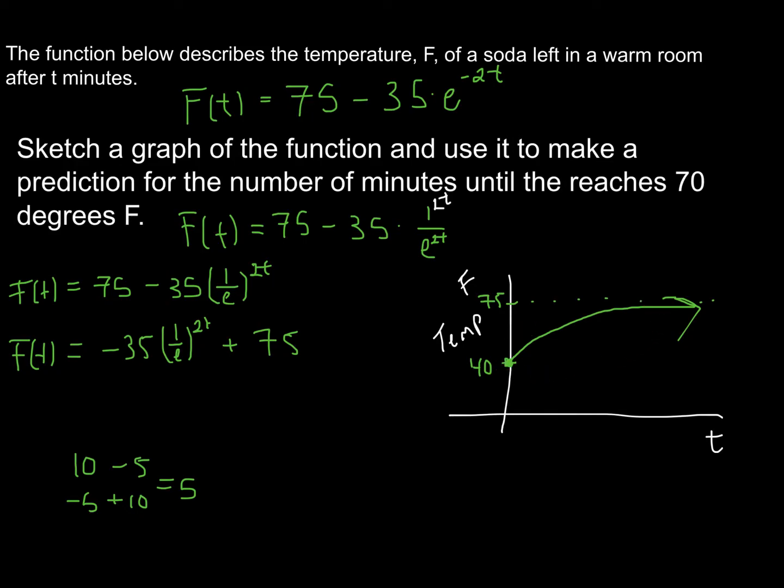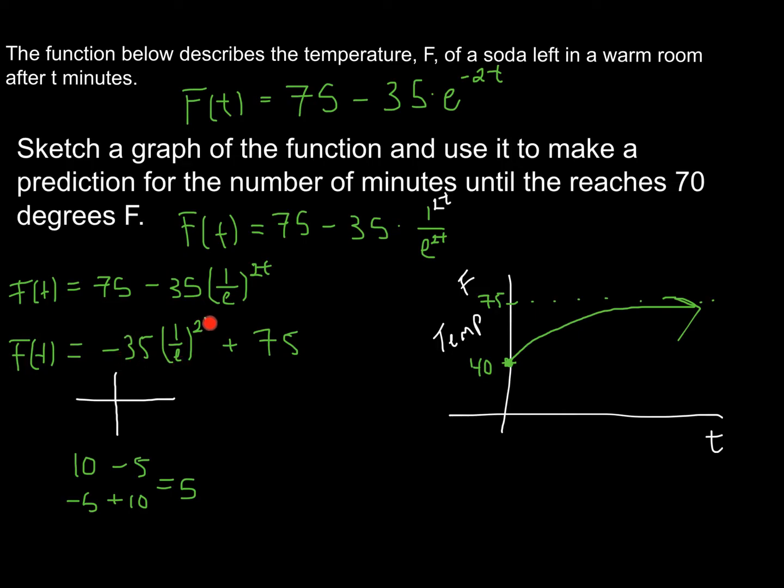And how do I know it'll look like that? Well, I can just go back into my notes if I need to and remind myself how to sketch a function like this. Remember, of course, that this negative out front changes everything that was positive into a negative.